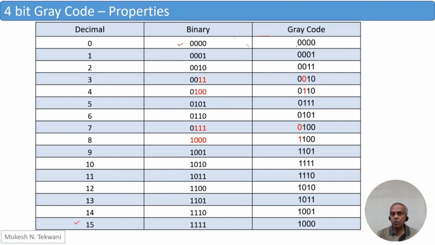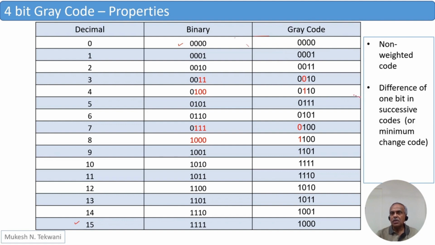We will see how to generate this Gray code, but let us study a few properties of it and compare it with the binary code. First, we saw that Gray code is a non-weighted code. That means the position of the bits do not carry any significance or any weight. There is a difference of one bit in successive codes, or it's a minimum change code.